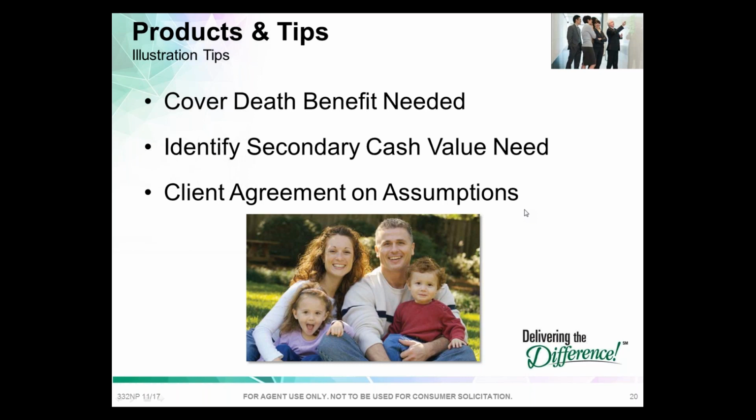Make sure they understand that life insurance is a living sort of plan, and that they should be reviewing this periodically. Make sure they're aware that they should be contacting maybe our policy service team every few years, and once they're in retirement, maybe every couple of years, to run in-force projections or something like that to see if they're still on track.